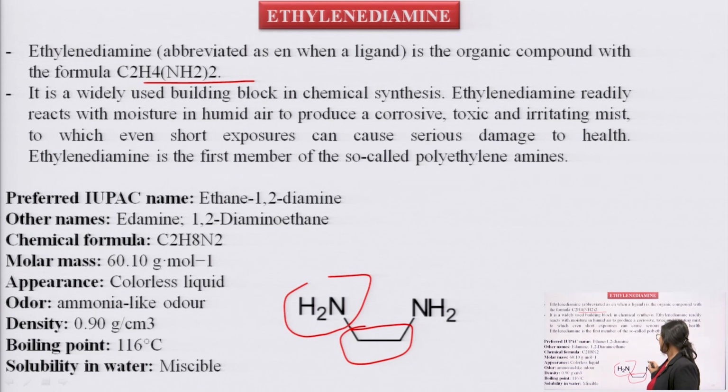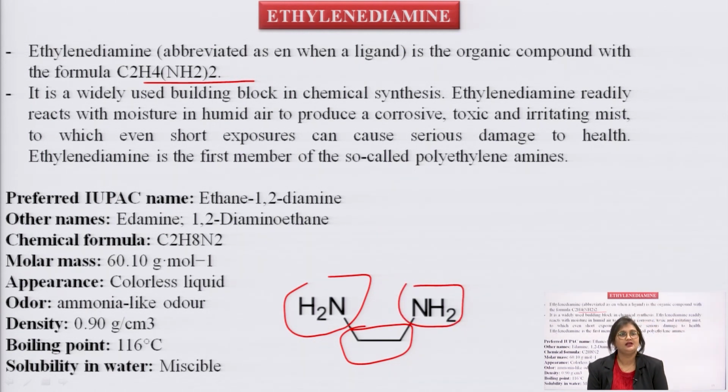Ethylene diamine is a widely used building block in chemical synthesis. It readily reacts with moisture in humid air to produce a corrosive, toxic, irritating mist, to which even short exposure can cause serious damage to health.